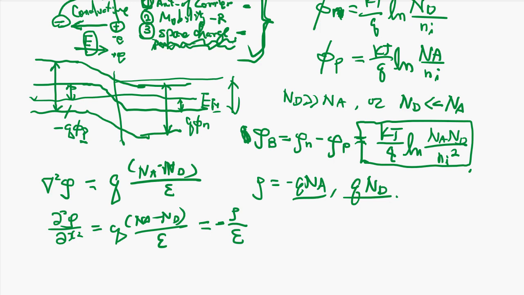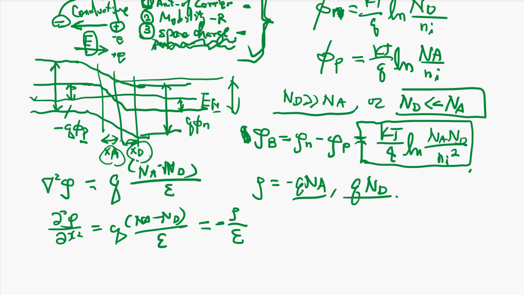Now, if we simplify, say this area, there's an x, xa or xd. We assume there is a certain thickness of this space charge, and usually, as I said, it's either this or this, so only one-sided.